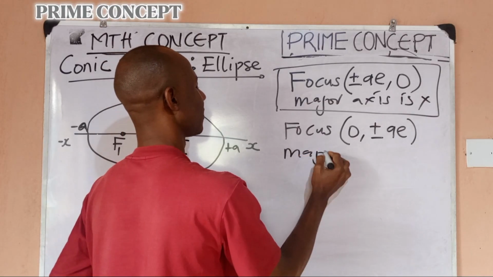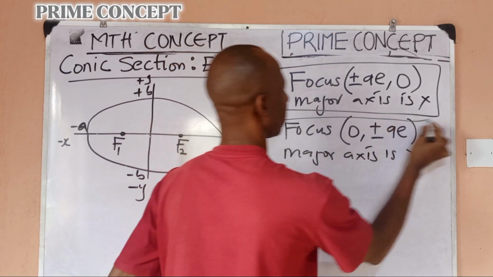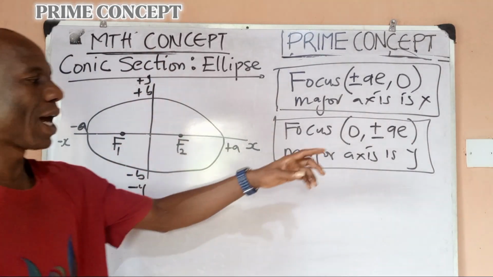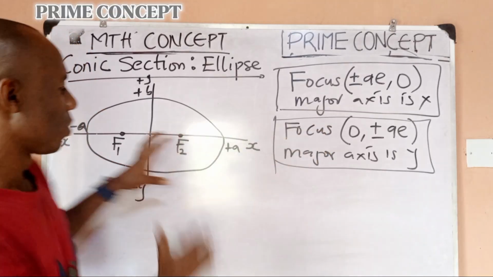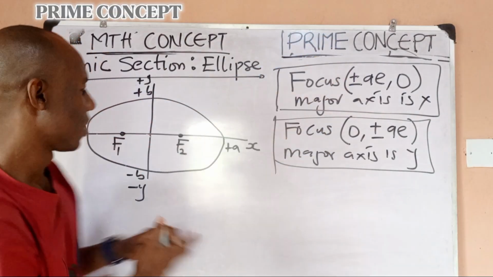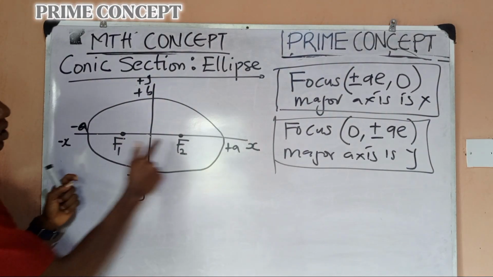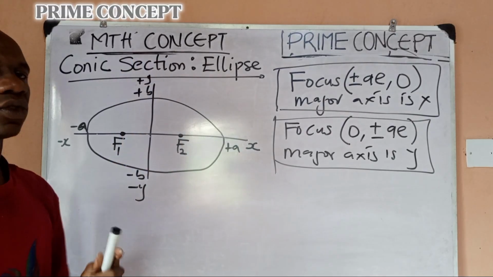Major axis is y. So in this case, this is what you have. So do not mix it, because along the y-axis, x would be 0. So that is why this would be true. But for this diagram, the focus is given by plus or minus, because your focus 1 lies along the negative x, and 1 lies along the positive x. So this is one thing you should know.